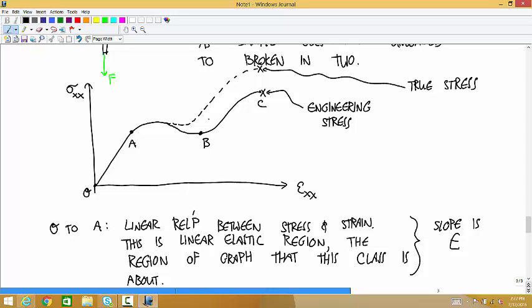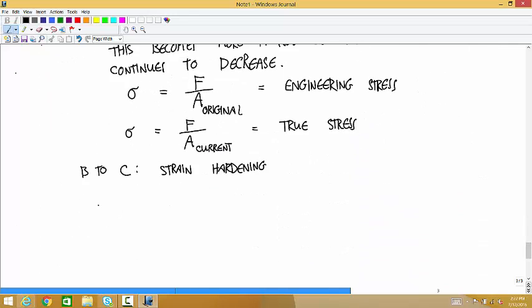I'm sure there's a chemical reason for that, but I don't know what it is. And then finally at point C, the material breaks in two. That's fracture or failure.